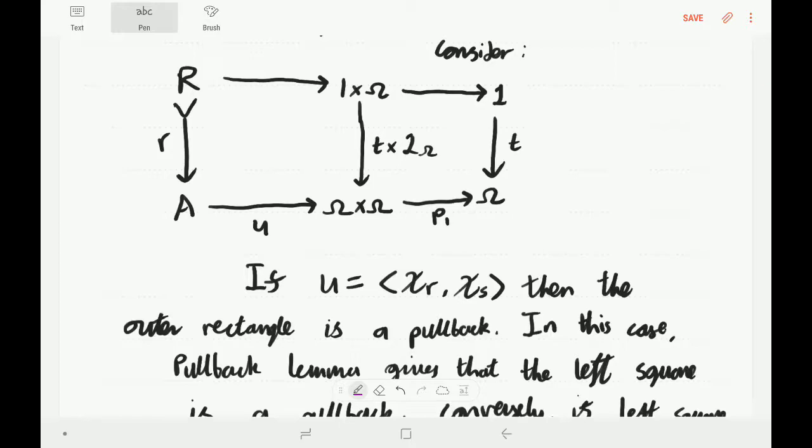Now, setting U equals chi r, chi s makes the outer rectangle a pullback. Sorry, makes this left square a pullback, so it makes this whole rectangle a pullback.